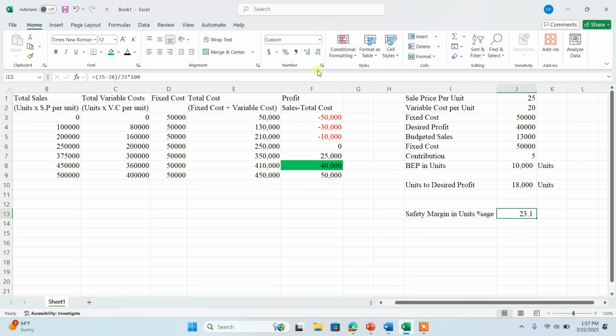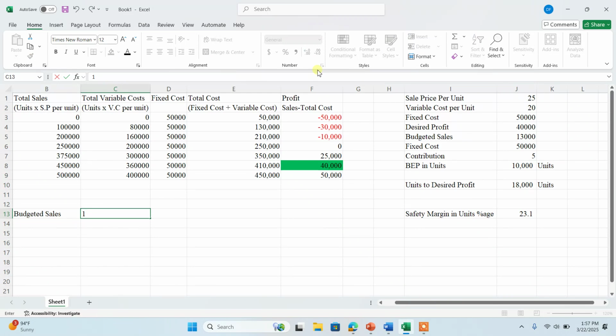Now what does this mean? This means that my budgeted sale is 13,000 and my safety margin is 23.1%.